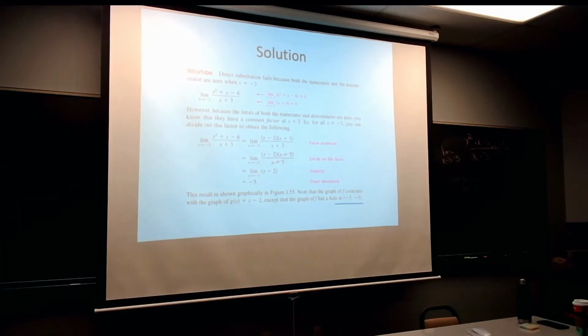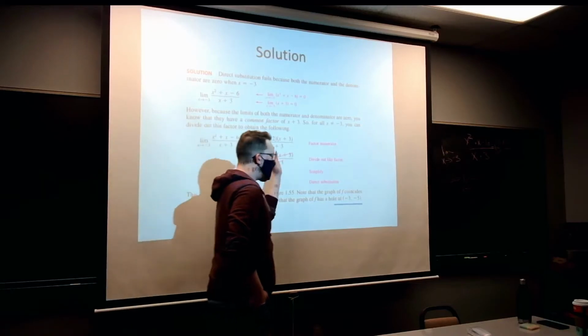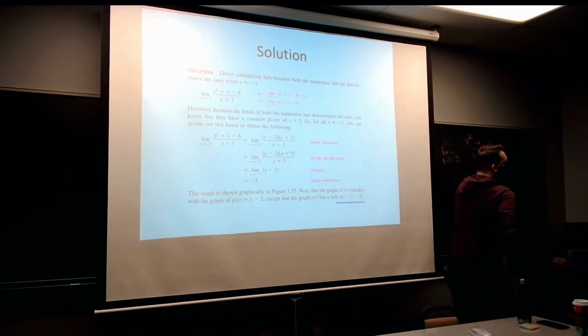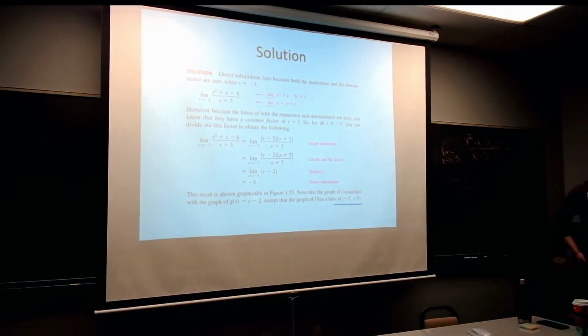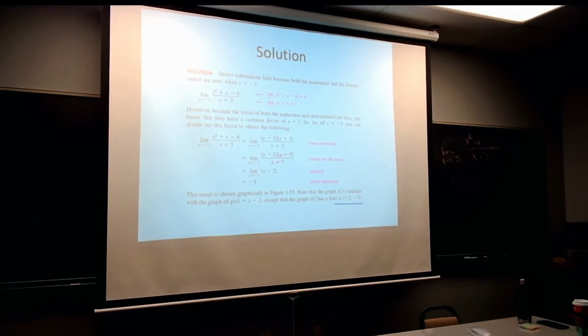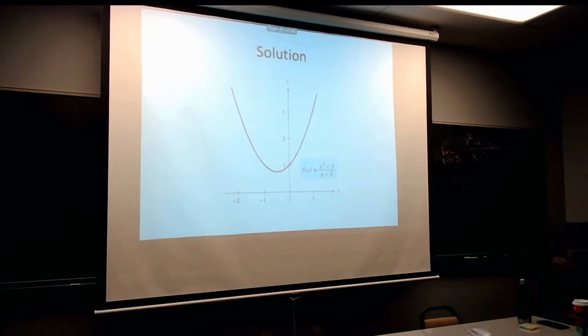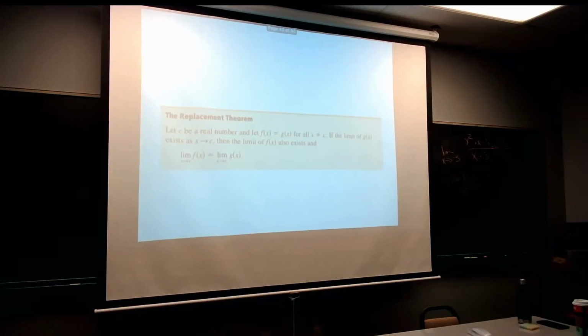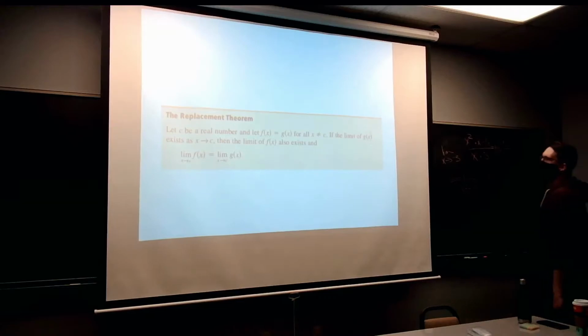Now, why is this? Why does this work? Any thoughts? Any ideas why all of this works? What are we doing here? Well, what we're doing is we're applying the replacement theorem.